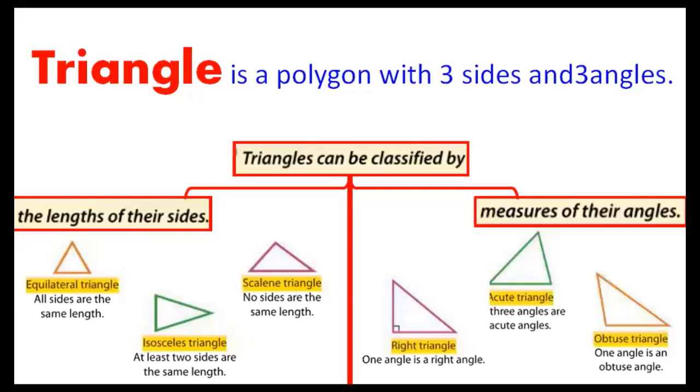Obtuse angle triangle. One angle inside is an obtuse angle. So we can say the sum of the three interior angles of any triangle equals 180. If you add the three interior angles, their summation will be 180.